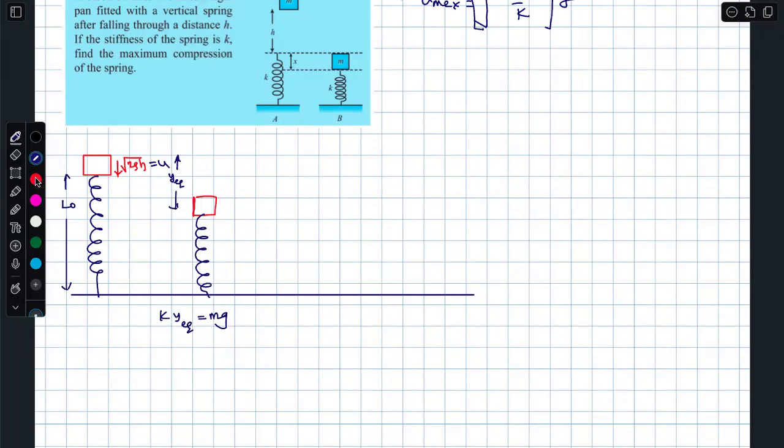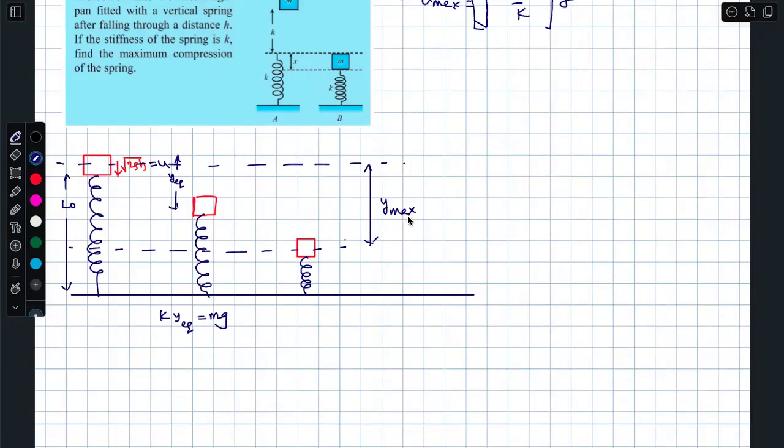So what is the last stage? The last stage situation is Y max, maximum compression.